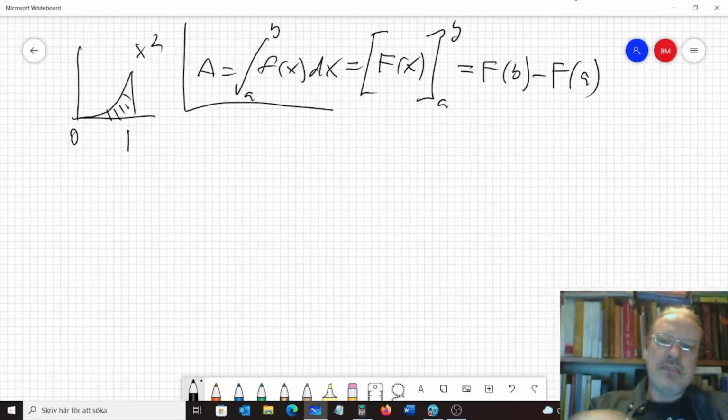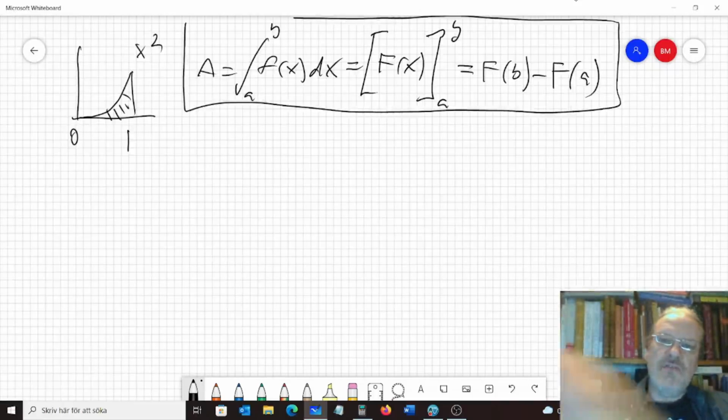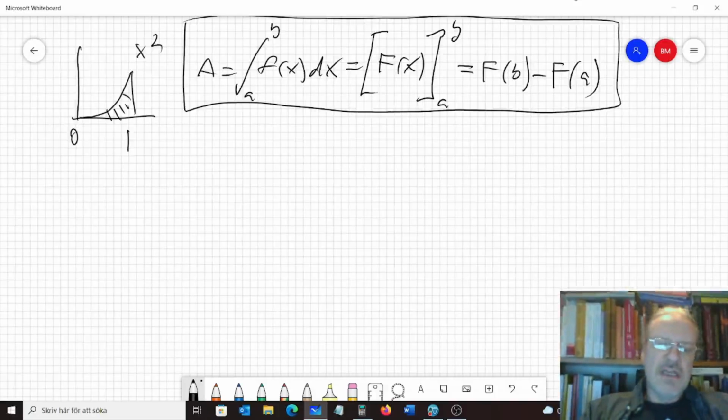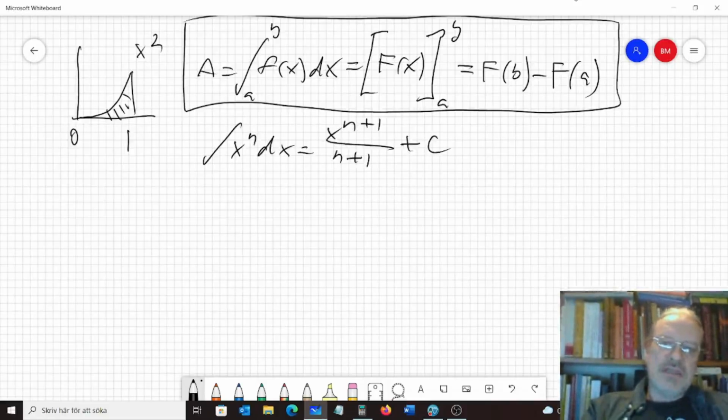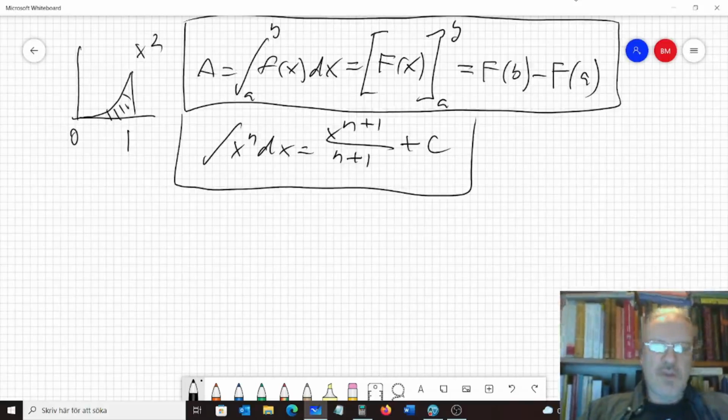So that is the key formula we will work with. And secondly, we will work with this one, that the integral or the antiderivative of x to the power of n dx equals x to the power of n plus 1 over n plus 1 plus c. So we have these two formulas to work with.